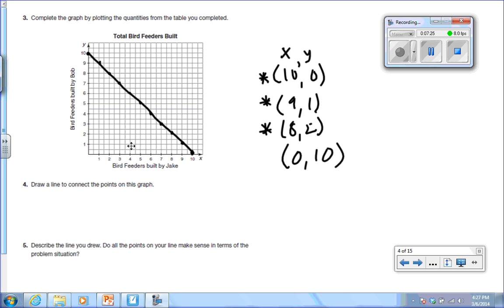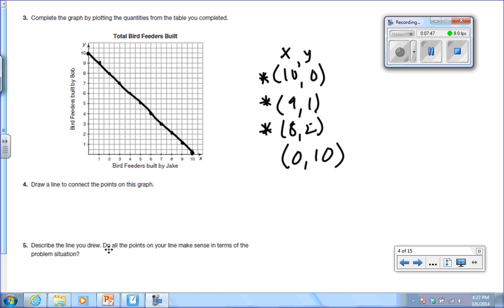And that is not the case, because I don't think anybody would want to buy a bird feeder from Jake that was only 3/4 of the way done. So it doesn't make sense for you to connect the points, because it's indicating that it's continuous data. When this is not continuous, it is discrete. There are no fractional parts nor decimal parts to this data.